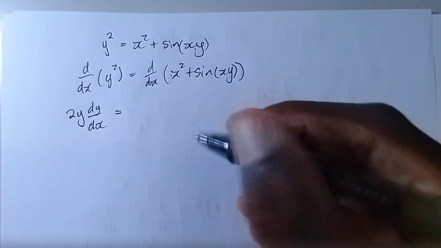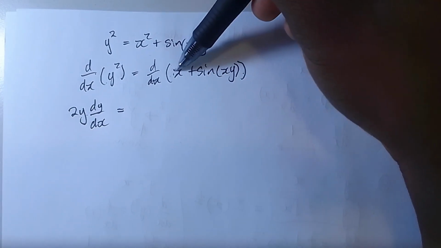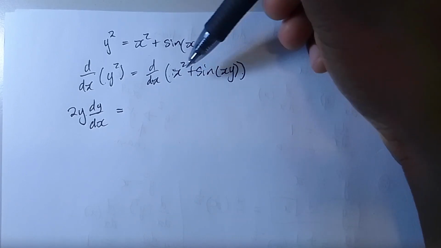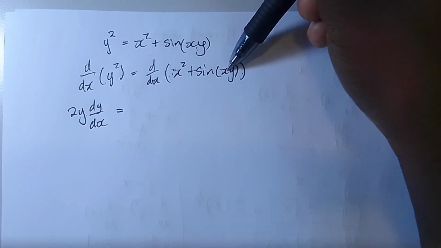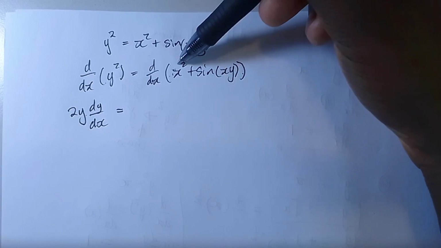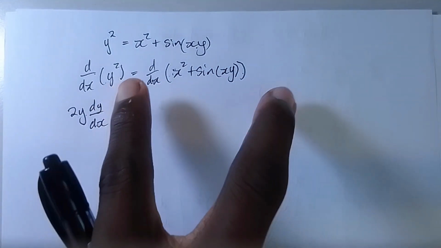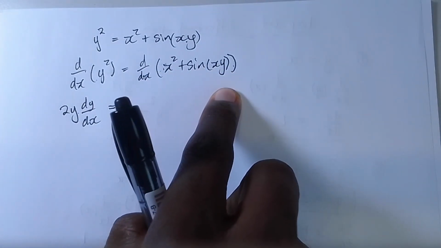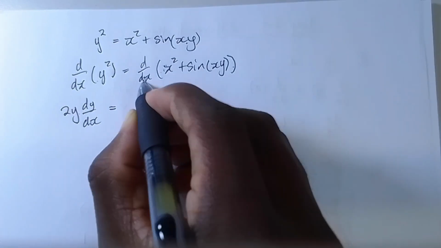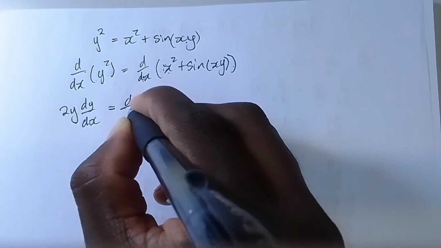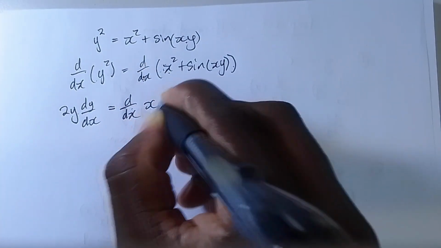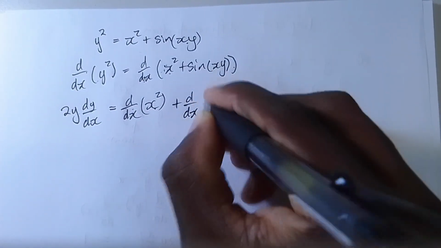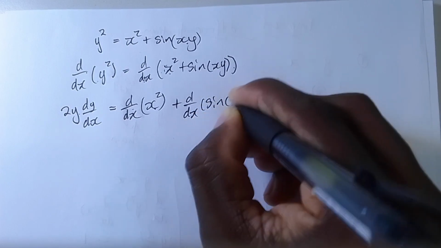When we come to this one it will be a bit different. We have a sum, we're adding this and this. When you have two things added together and you are finding the derivative of the sum, you can distribute the derivative sign. So you're finding the derivative of x squared plus the derivative of sine xy.